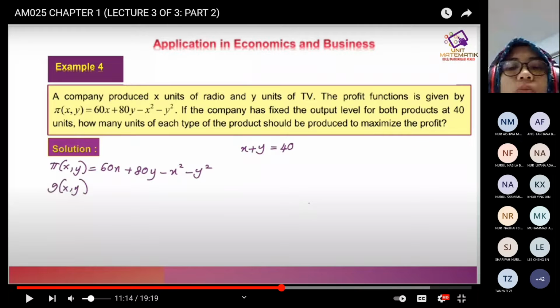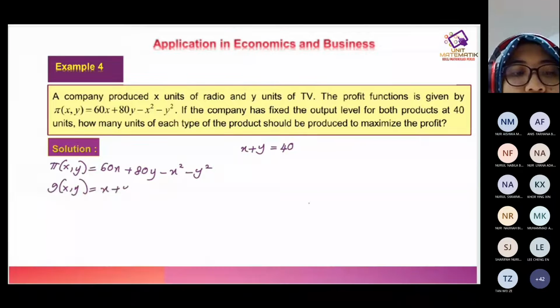Dia kena tetap 40. Maksudnya x tambah y sama dengan 40. Ni constraint yang company ni ada. So bermaksud g(x,y) kita ialah subject to the constraint x plus y minus 40. Now, step 1.